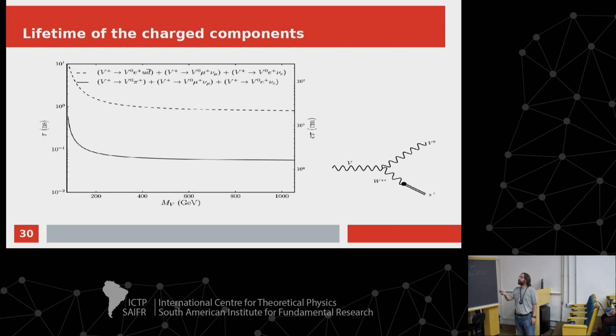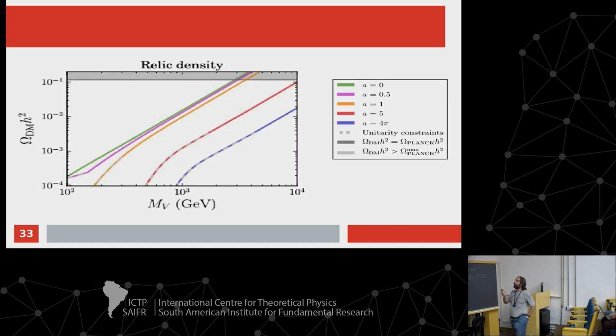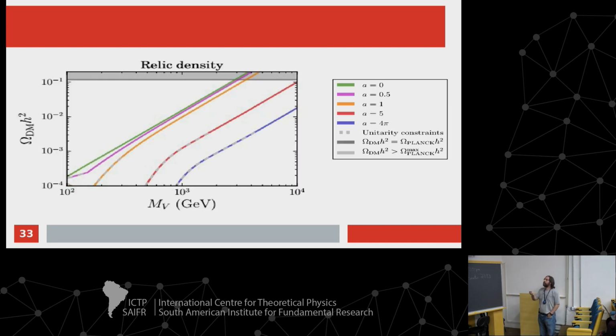So it's not detectable. The relevant coupling for direct detection is this one through the Higgs, and this coupling depends on the A parameter, which is small, so we are safe. And with this model, we can saturate the relic density easily for masses of the vector large enough.